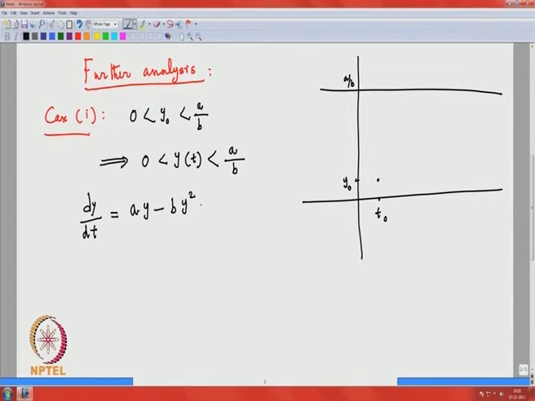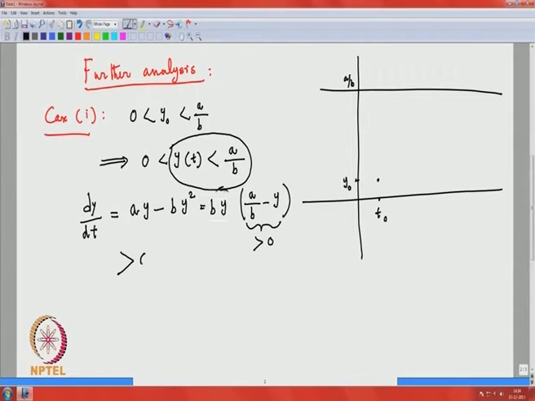So, this can be written as y, I can take it out, I will take b also outside. So, you will have (a/b − y), and y at t, but y at t for all time t is less than a by b. So, that shows that this is always positive, y is already positive, therefore, this is positive.